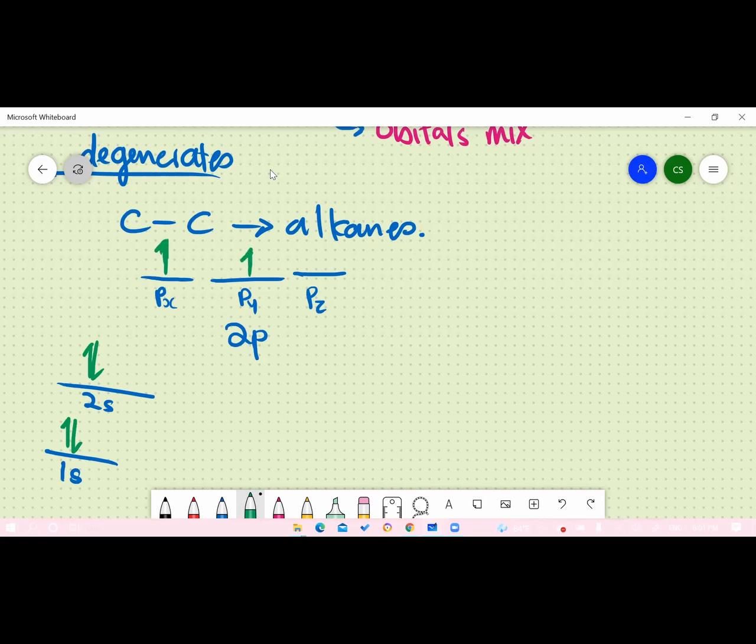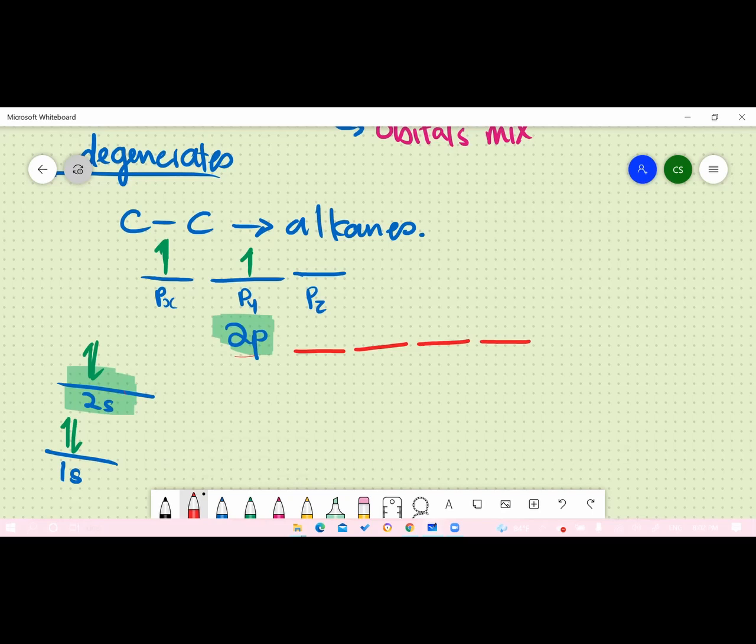Now, what you'll have happening is the s orbital mixing with the 2p orbitals, all three, in carbon-carbon single bonds. So you'll end up with 4 orbitals that are between the energies of the 2p and the 2s, right?